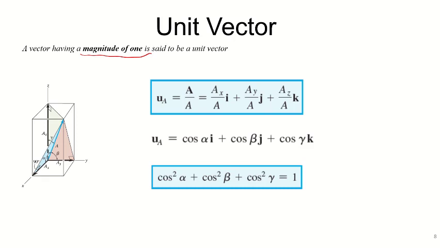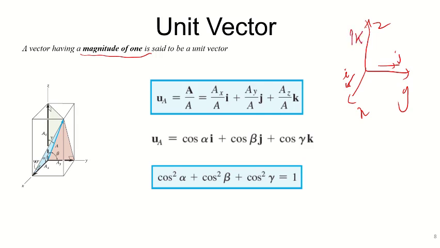So if we take the Cartesian axes x, y, and z, we learn that the unit vector in x direction is i, unit vector in y direction is j, unit vector in z direction is k, right?